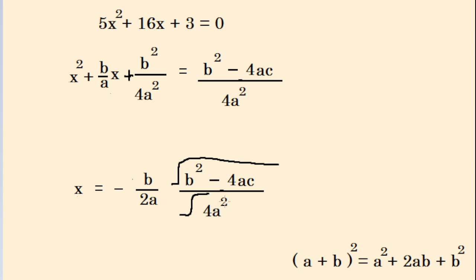We can square root this, it's easy. The square root of 4a squared is just 2a, because 2a times 2a, 2 times 2 is 4, and a times a is a squared.